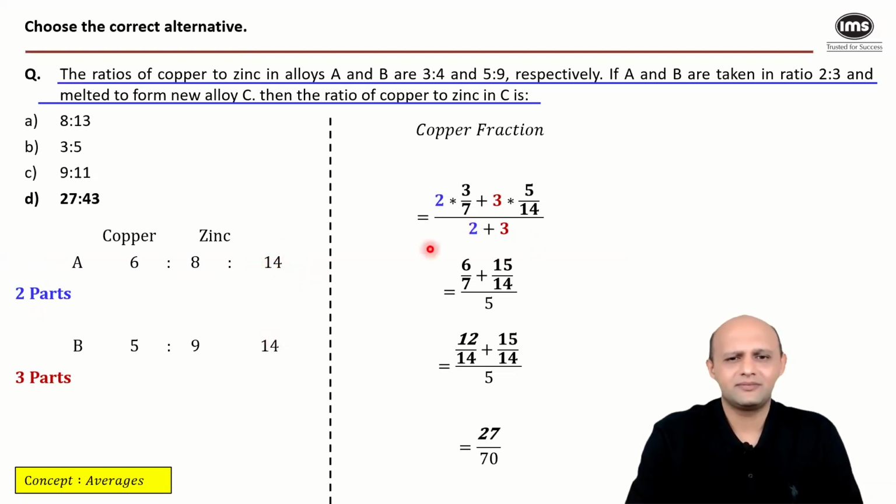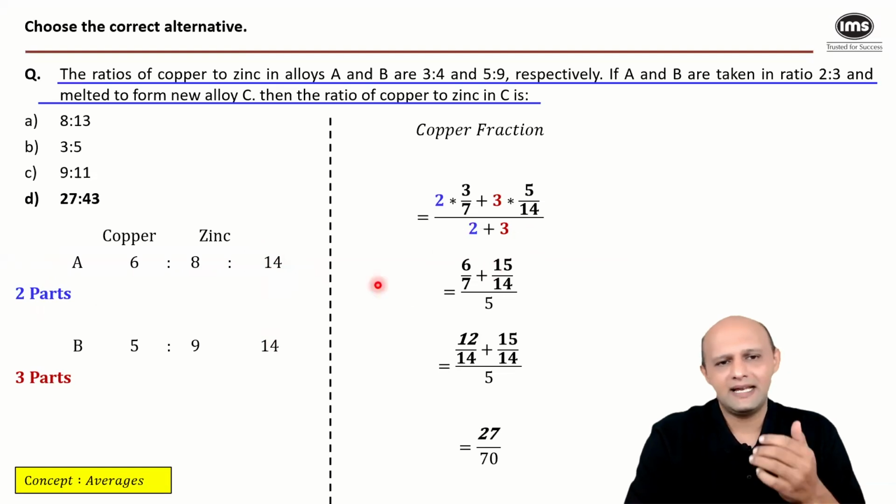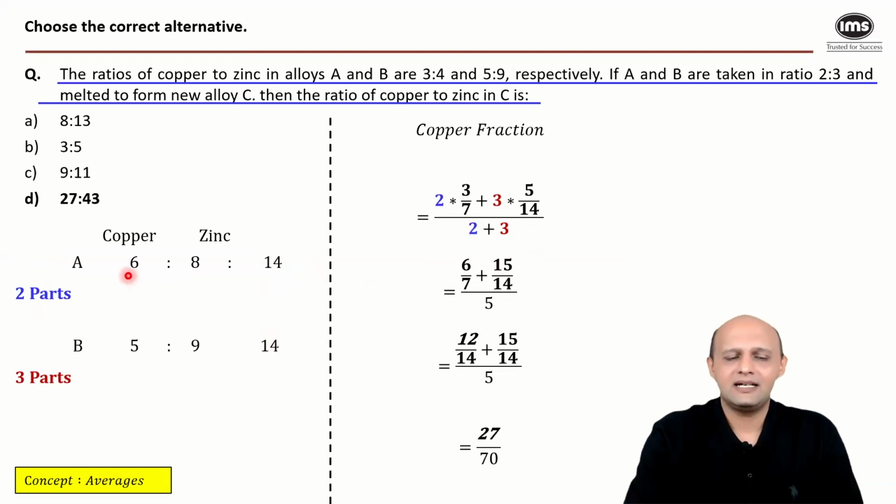So essentially we are going ahead in the same manner. It's just that now 1 part here would be 6:8:14, so the ratio does not change. And 1 part here is 5:9:14. So now you'll arrive at your answer. 2 parts of this is going to be 12:16:28, and 3 parts of this is going to be 15, 27, and 42.